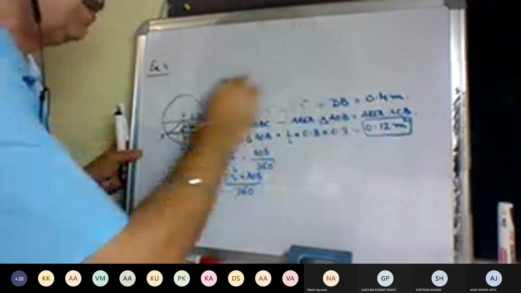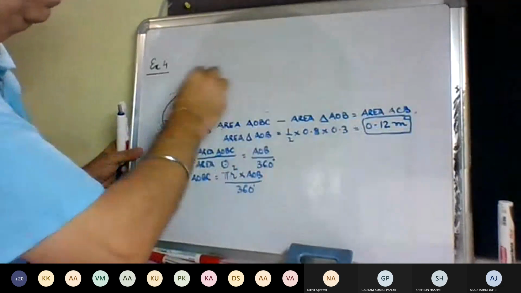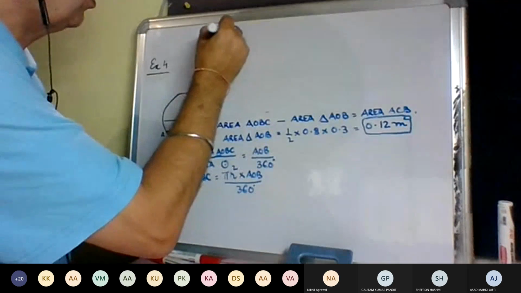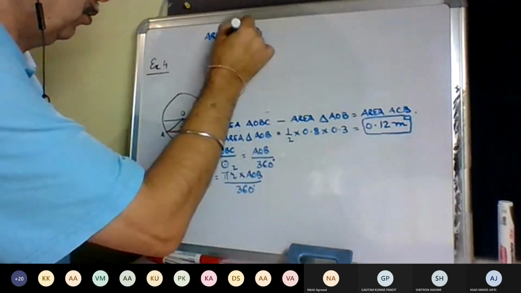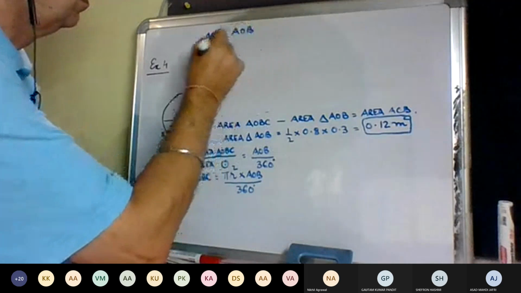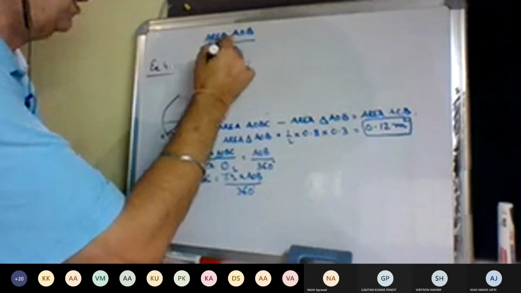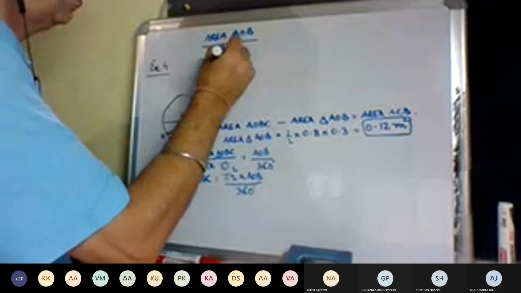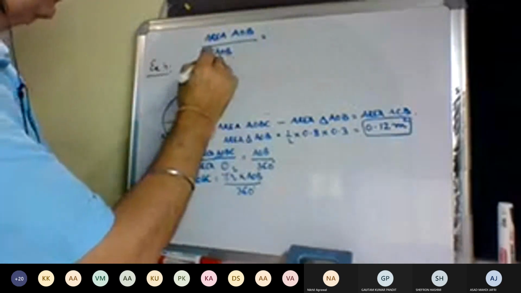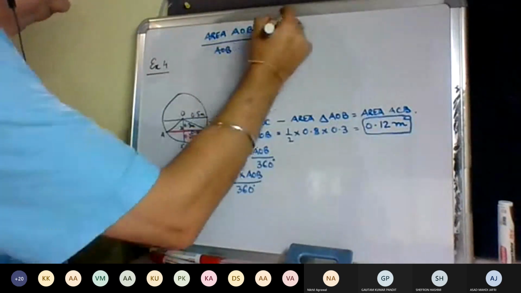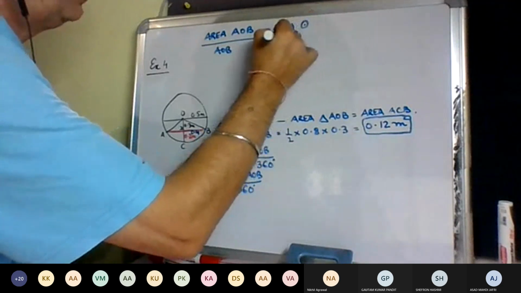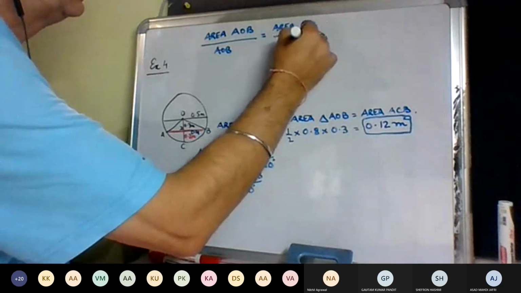Let me explain it in another manner. Area of a quadrant AOB divided by angle AOB is equal to the area of the circle divided by the angle of the circle, 360.